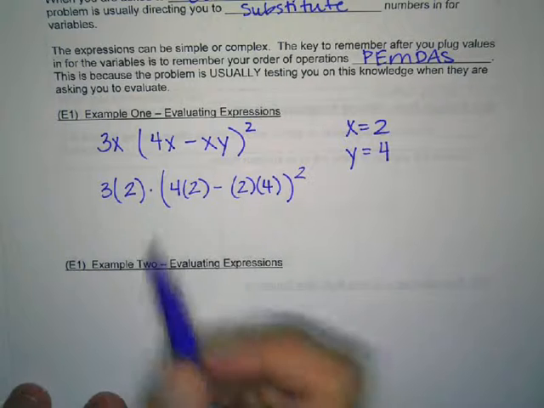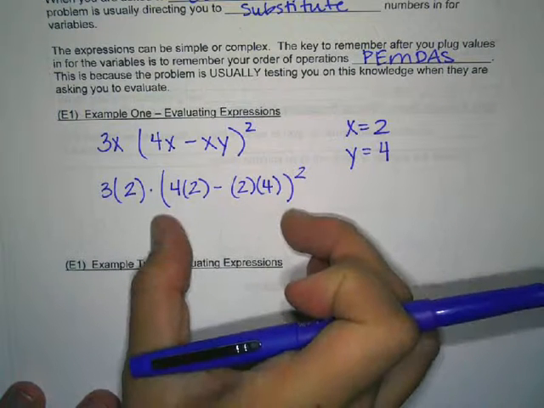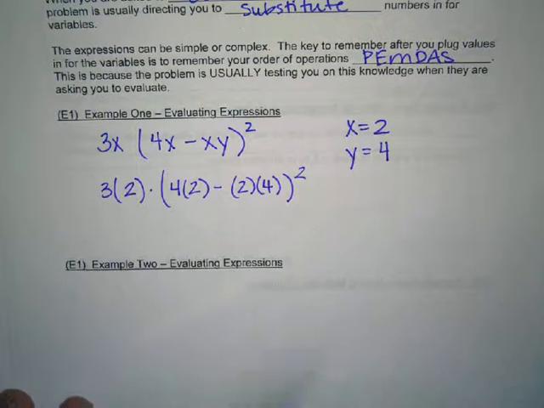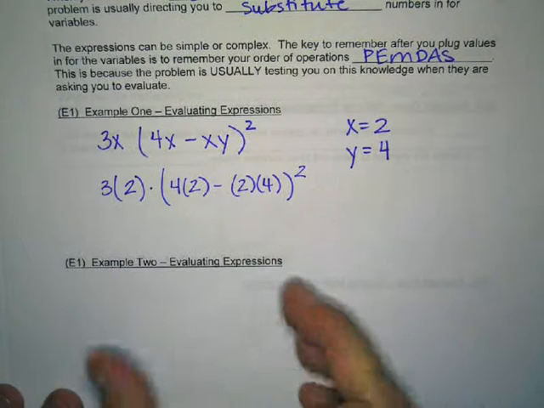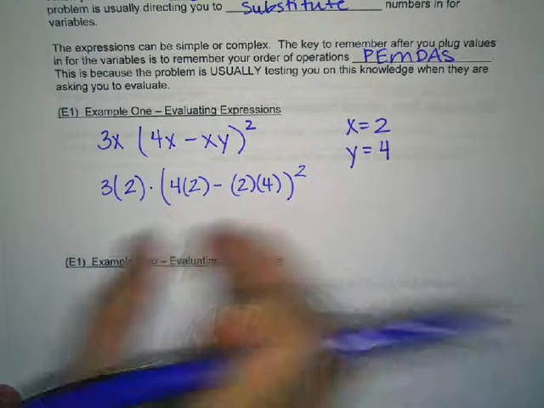So you have this expression out in front, and then this parentheses is being raised to the second power. So in order of operations, you have to deal with parentheses first. And when you do parentheses, that means anything in the parentheses you have to figure out before you move on to the rest of the problem.